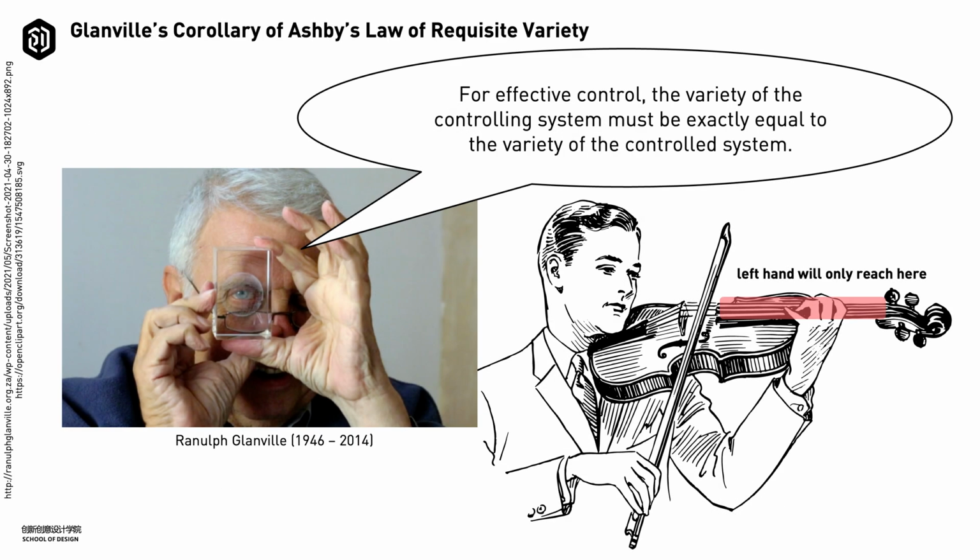Glanville later says, no, we have to be even more precise about this. Because we are dealing with a loop, it is entirely symmetrical. Every loop must be entirely symmetrical if we want effective control, which basically means a violin player who can reach everywhere will not reach everywhere.